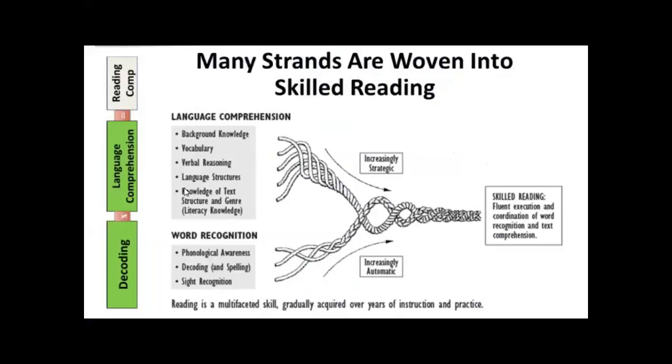So here's another model, Scarborough's rope, which was actually the model that our Oklahoma Academic Standards was based upon. If you look at the left-hand side, you'll see the simple view of reading. The decoding multiplied by language comprehension equals your reading comprehension. And it breaks down those skills just a little bit more. At the bottom, you'll see word recognition, the phonological awareness, decoding, and sight word recognition.